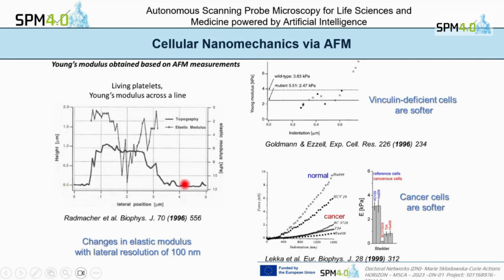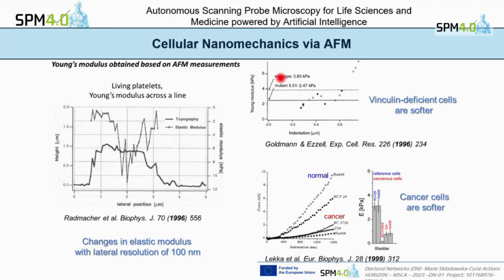Here is the topography, and here are the changes in the Young's modulus along one scan of the AFM. So we can see that in cells, the local elasticity changes a lot.